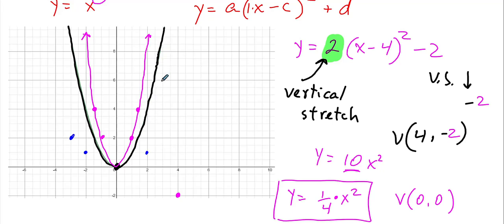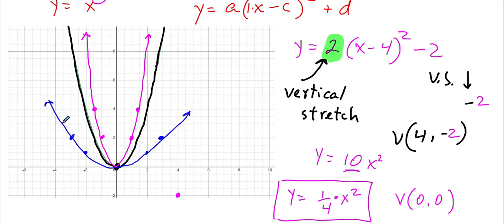This 8 would be compressed, and 3 would be compressed to where? To 2. So this would look like kind of an open parabola, right?